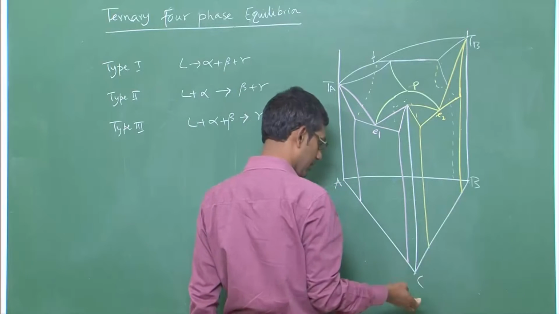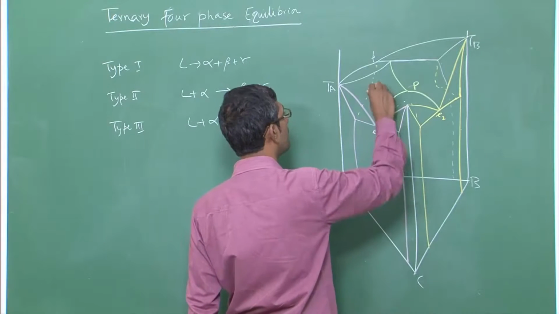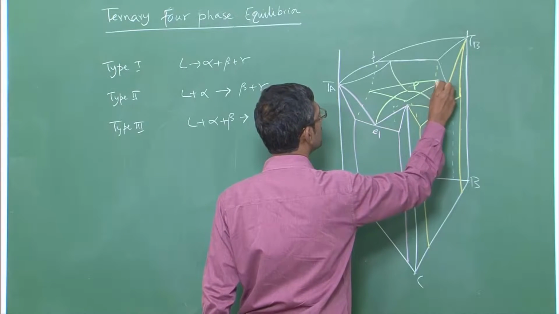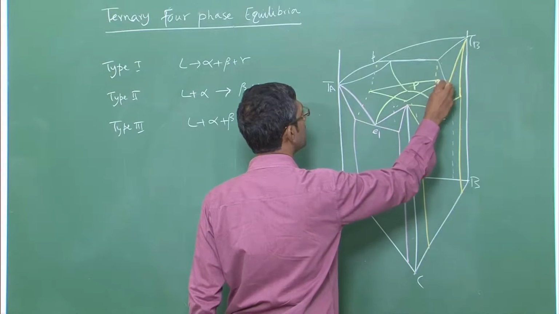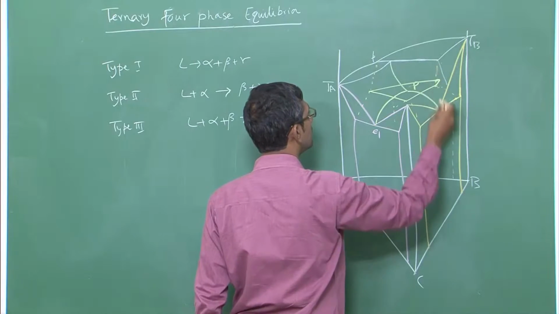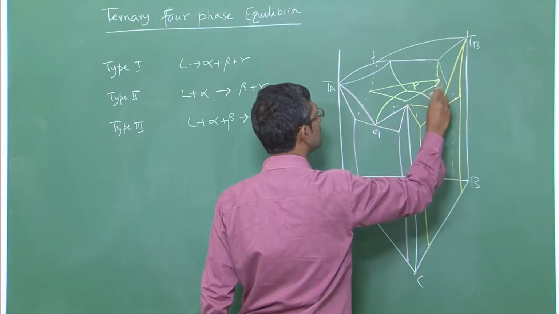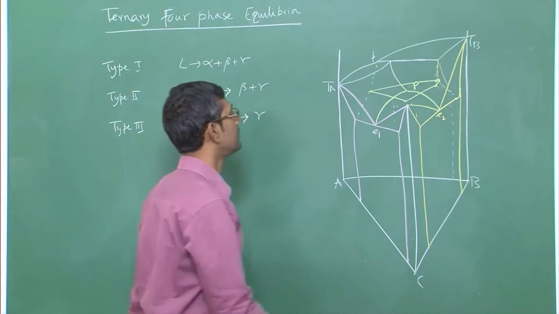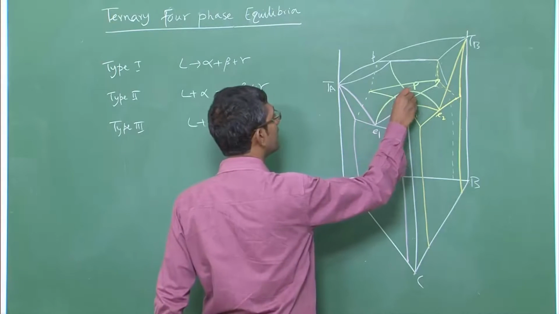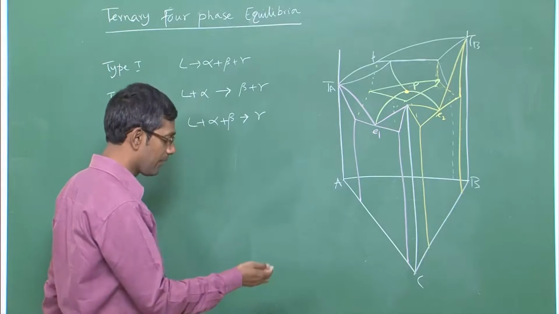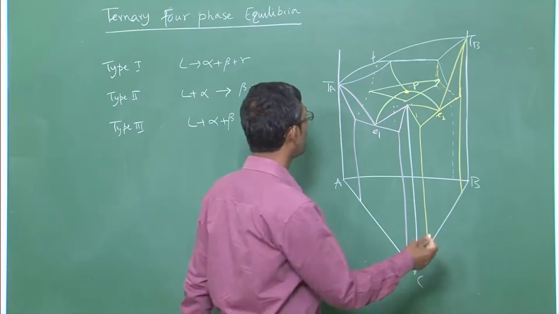So, if I draw it properly, this will look like this, and P is sitting inside that. Right, that is all. The P is sitting inside this triangle. This is the four-phase plane. So, therefore, if I draw that properly, it will be like this.